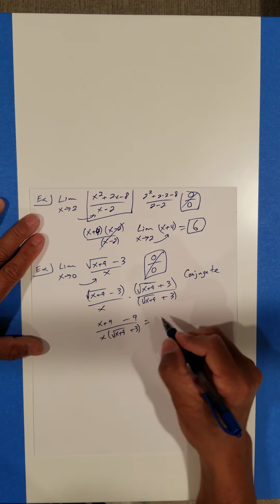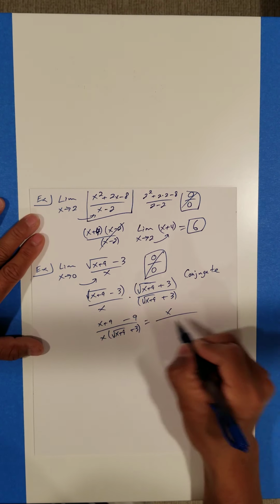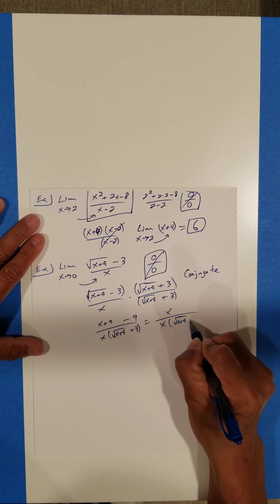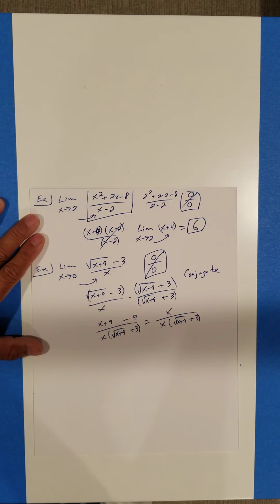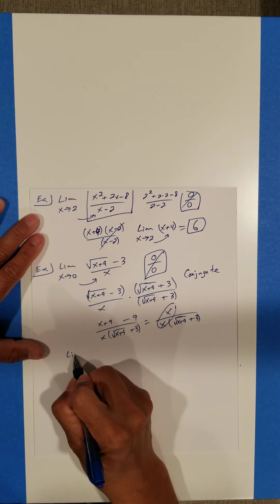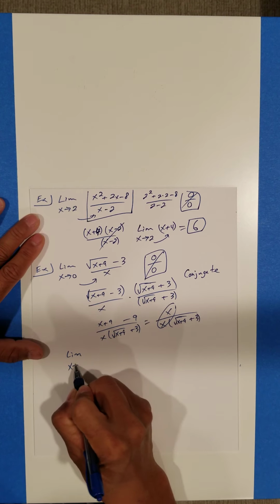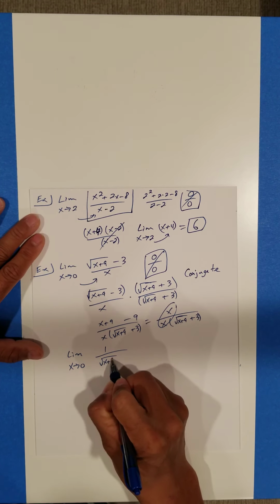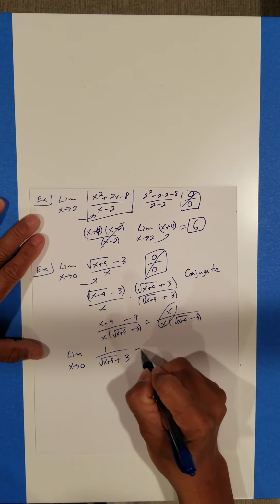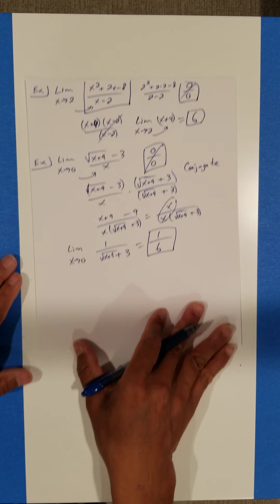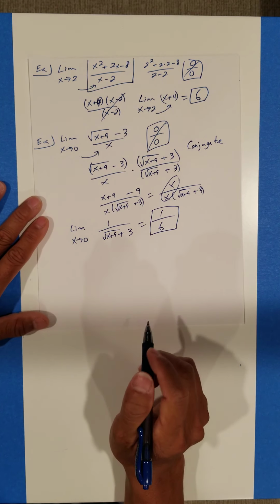When we simplify this, we get x over x times (square root of x plus 9 plus 3). These x's will cancel out. So now we take the limit as x approaches 0 of 1 over (square root of x plus 9 plus 3), which gives us 1 over 6. That's my limit.